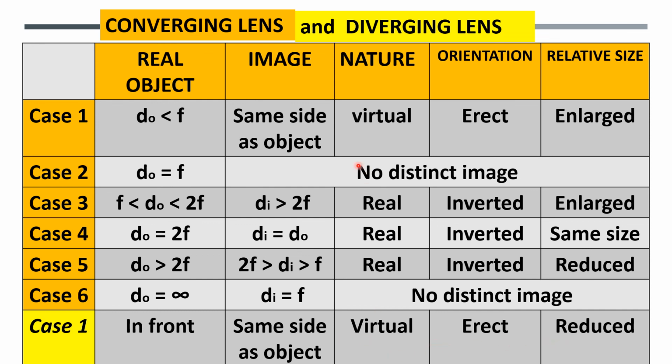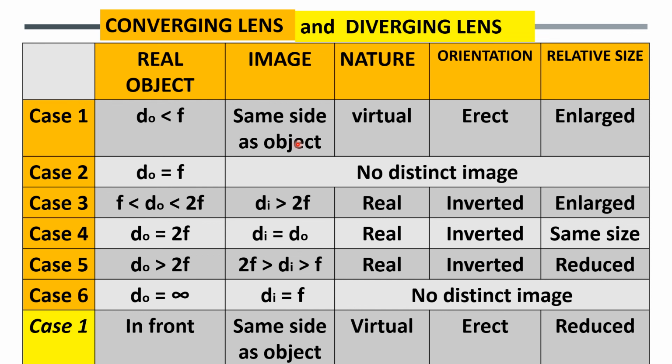Now, for converging lenses, it is case 1 that we had in problem number 2. In case 1, the object was located at a distance lower than the focal length. That was the condition for the object. And we found out that the image was formed also on the same side as the object is, meaning to the left of the lens.